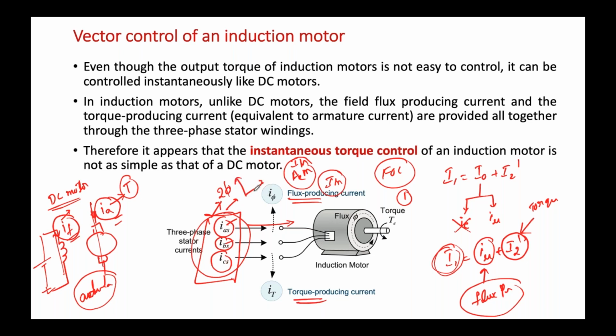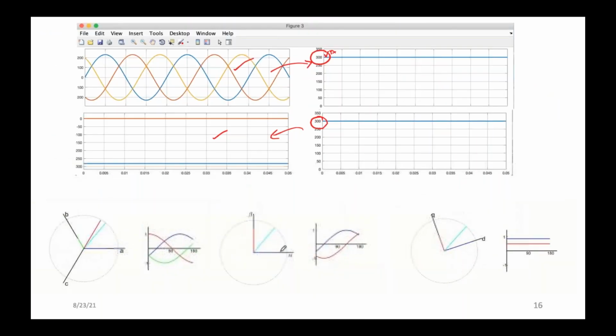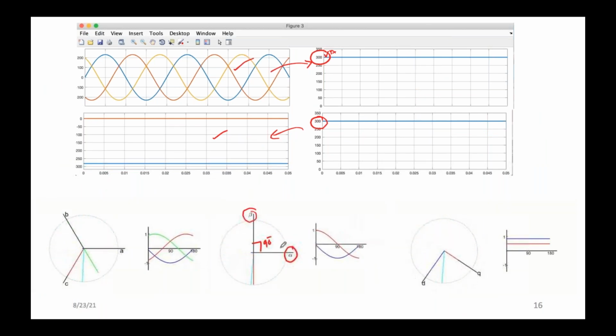At any instant of time, after adopting this transformation technique, if you observe the space displacement in the two-phase transformation, the space displacement angle between alpha and beta after applying the Clarke transformation, or after applying the Park transformation, the space displacement angle between the D and Q vectors is always 90 degrees.